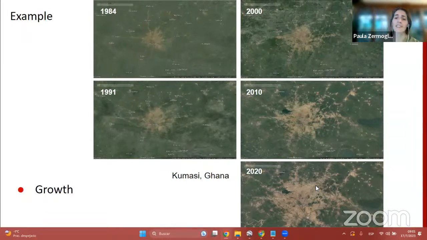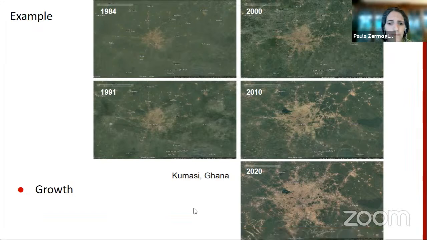So if we don't have other types of information, like official limits of Kumasi town, if those are actually established, it would be difficult for us to say, well, this point, is it Kumasi or is it the next town south? So you can see that growth can be very challenging as well.